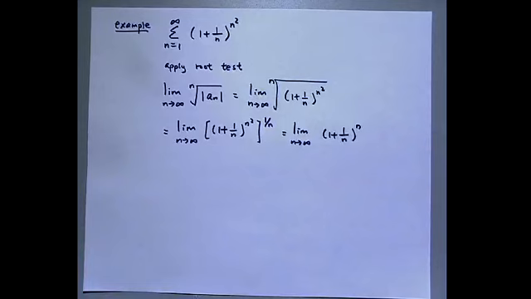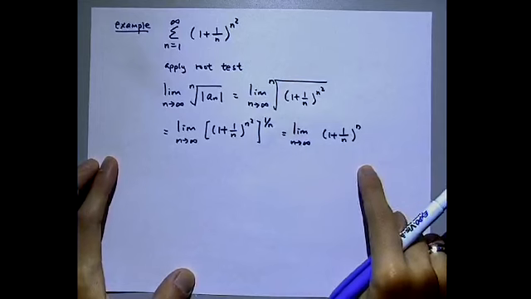Okay, do you remember what this thing does? You have to think a little bit back to Calc 1. It's a very special number. Yeah, this goes to e. Right, that's one definition of e.